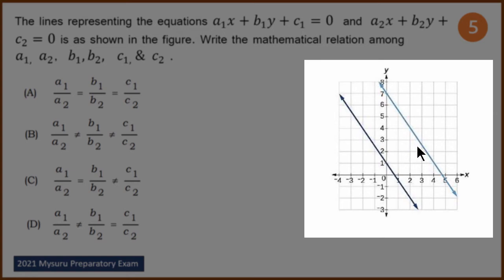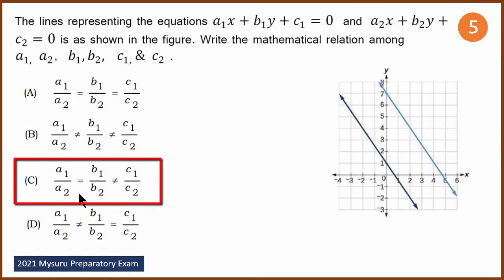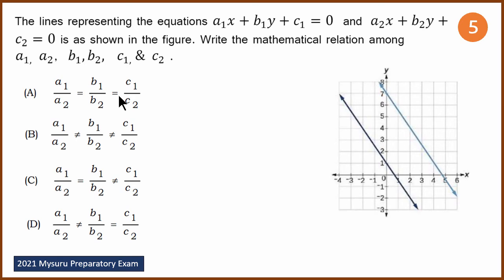So if they're parallel lines, what do we know? The ratio of x coefficient is the same as the ratio of y coefficient. That means this is true, but it is not equal to the constant ratio. So the answer is C. If the answer is C, what about A, B, D? What is A? The ratios are all the same, so all the same equals coincident, meaning they're on top of each other.